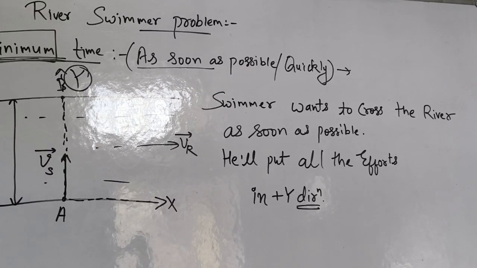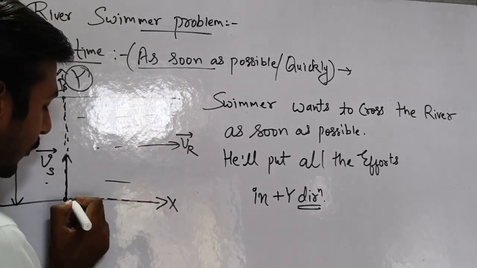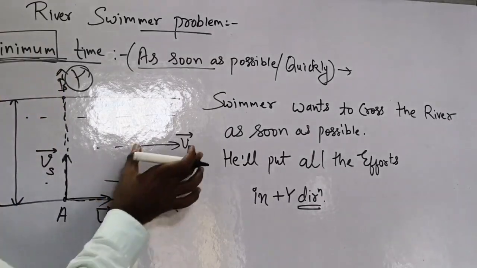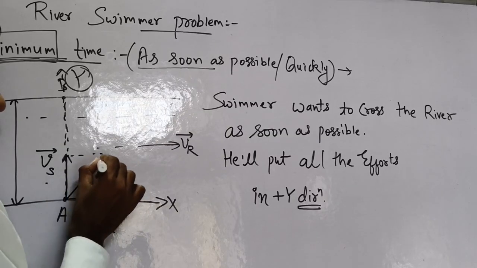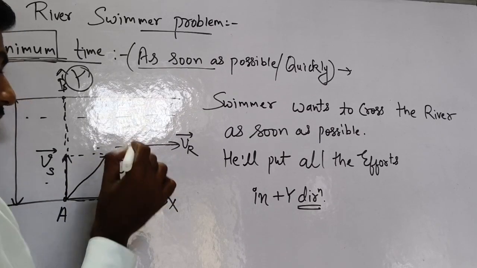Yes, sir. But because of river flow, the river is also flowing with Vr vector. Because of river flow, the net velocity of the swimmer is V net vector.